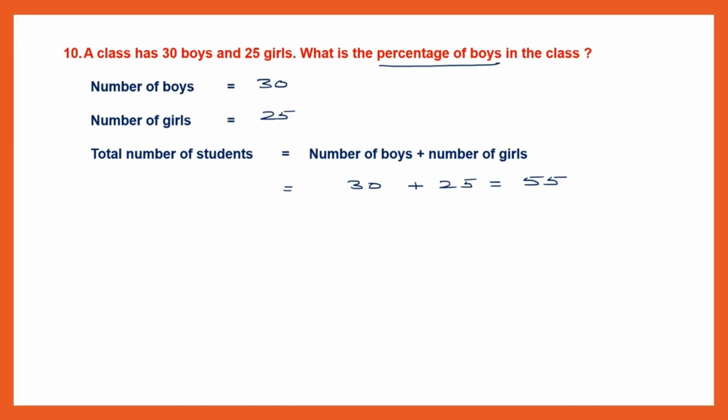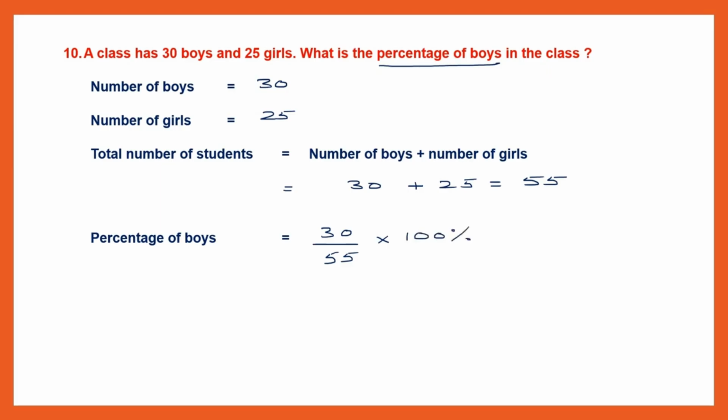Now we have to find the percentage of boys. So that will be 30 by 55 into 100. To find the percentage of boys, I'm taking the number of boys, 30, dividing it by the total number of students, and because I have to find percent, I'm going to multiply this by 100%.